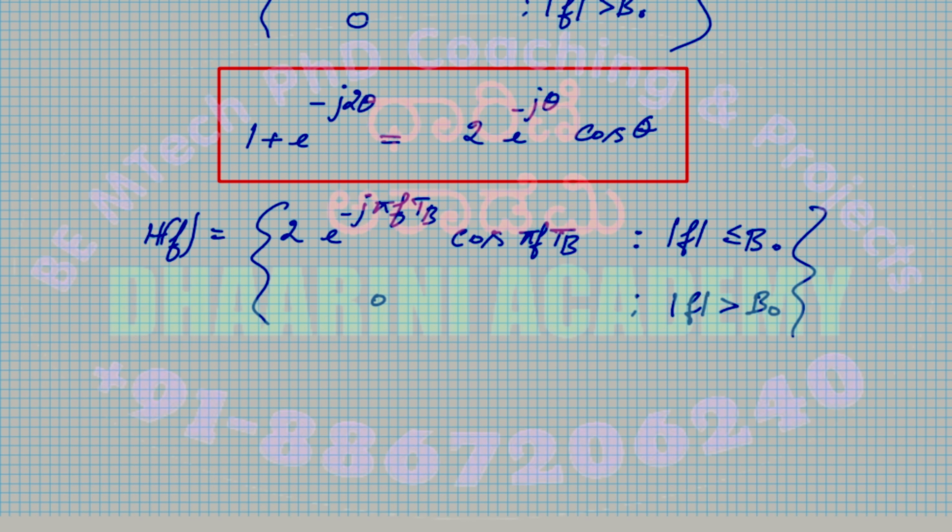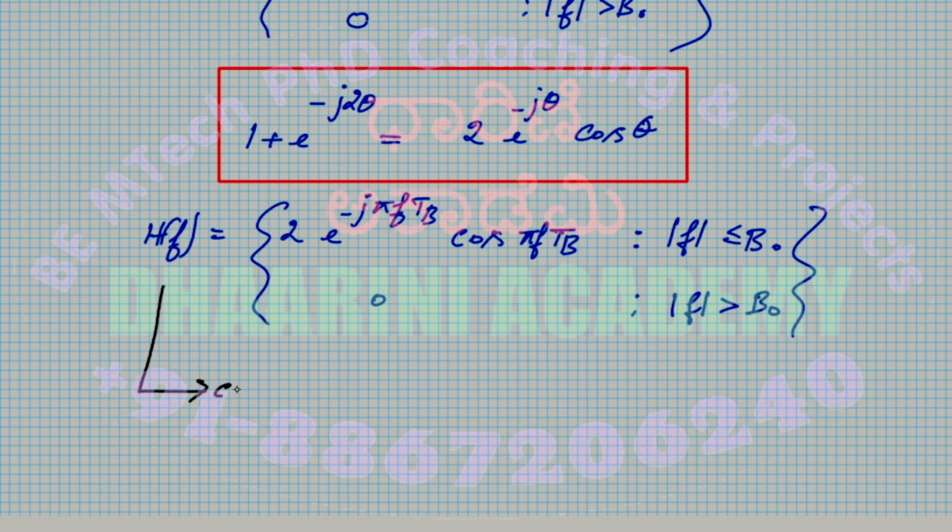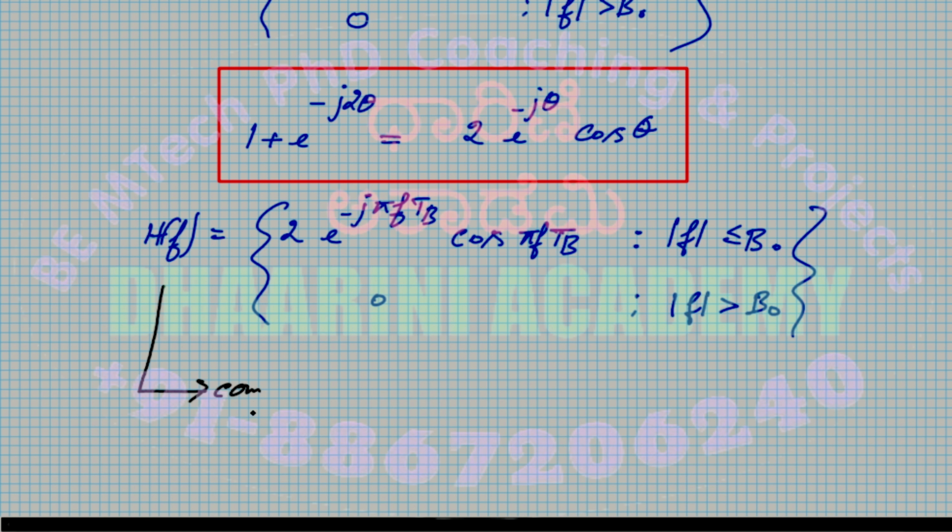We have two options. If this H of f is complex, and I want to visualize it, one option is, if you have alpha plus or minus j beta representation, you separate alpha for every number.